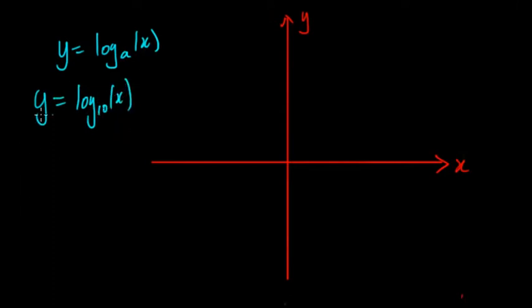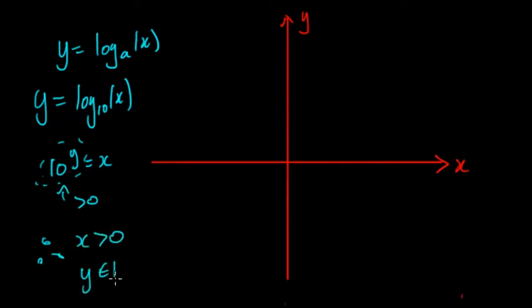If you remember, y is equal to log 10 x is effectively saying 10 to the y is equal to x. Now we know that 10 to the y, or any number to the power of another number, will always have to be greater than 0. So therefore we know that x has to be greater than 0, and y can be any real number.